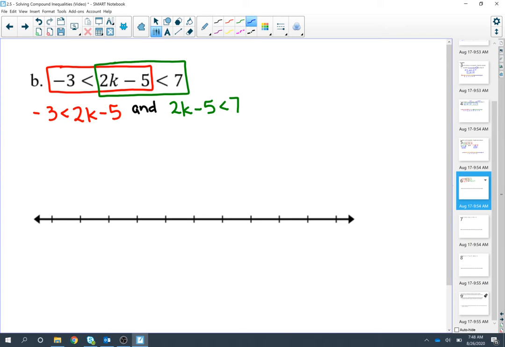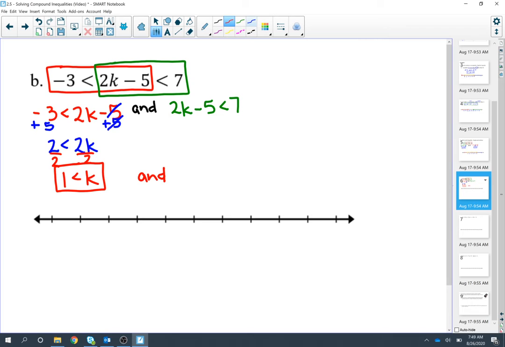Over on the left, I'm going to add 5. -3 plus 5 is a +2, less than 2k. Divide by 2. 1 is less than k. That's your first solution.